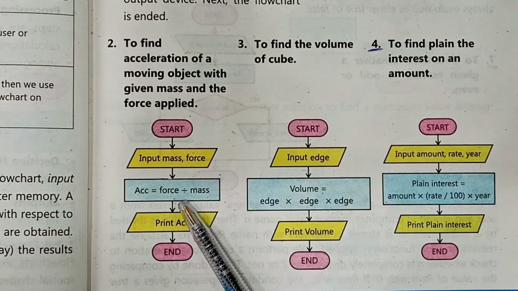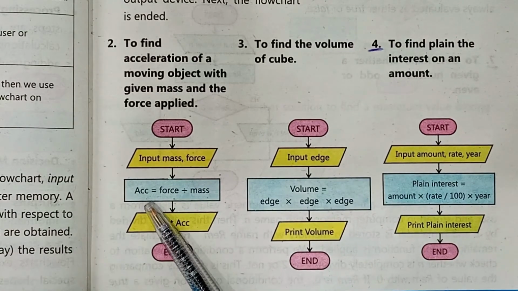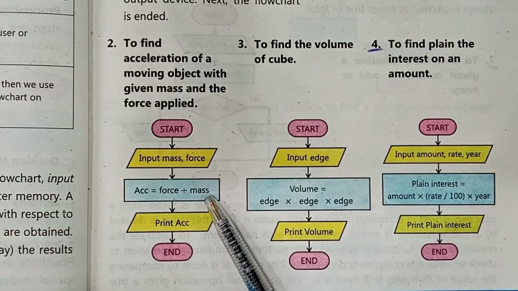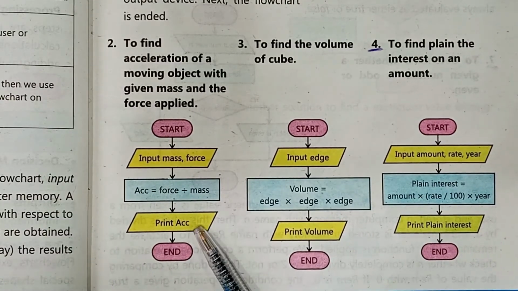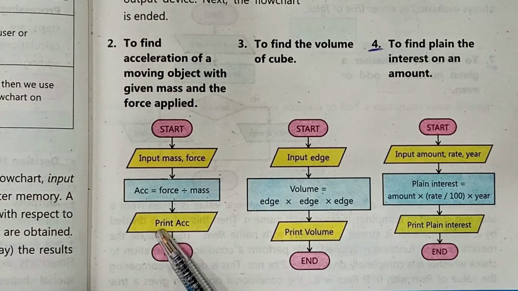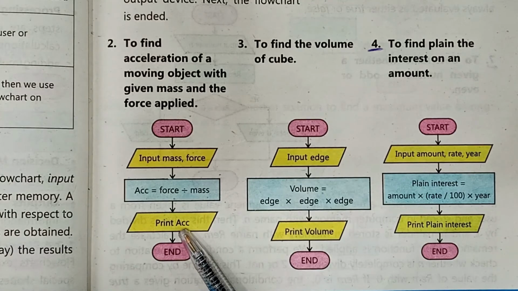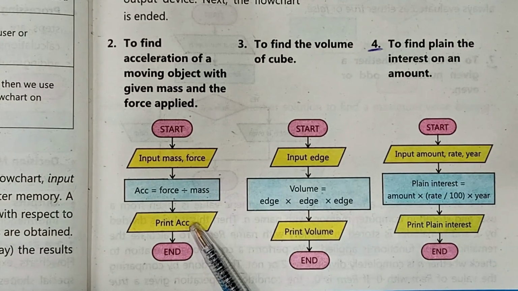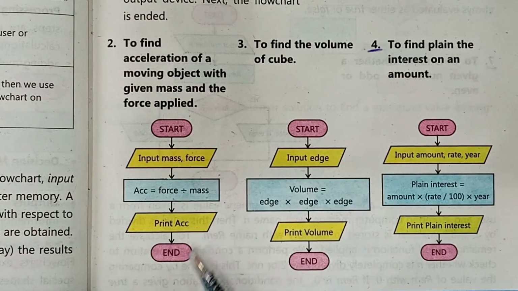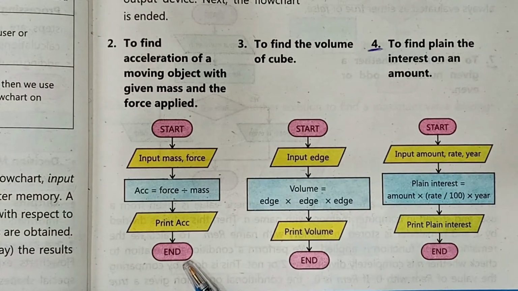Then you have a process, means you have to find acceleration. So you must know the formula of force divided by mass. Next you have to print the output, print acceleration. You can use the short form of acceleration, ACC. It will be displayed on some output device and then the flowchart is ended.